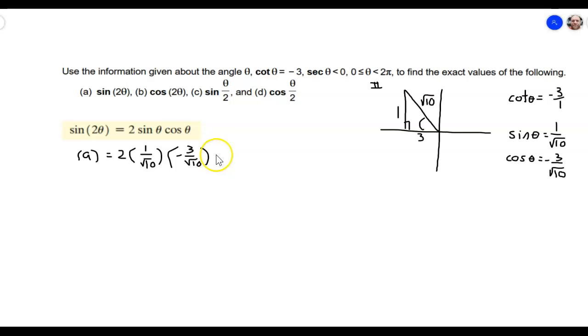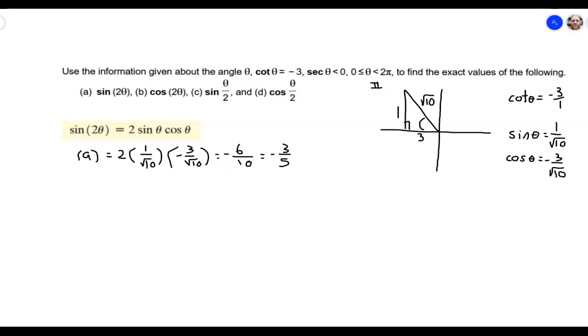Multiplying across, that's negative 6 over the square root of 10 times the square root of 10, which is just 10. That reduces down to negative 3 over 5. So that will be the answer for A, negative 3 over 5.